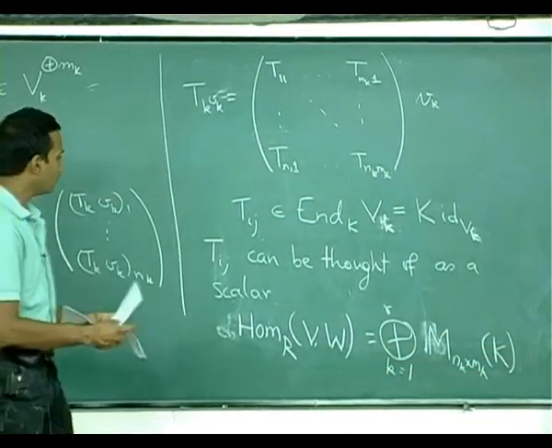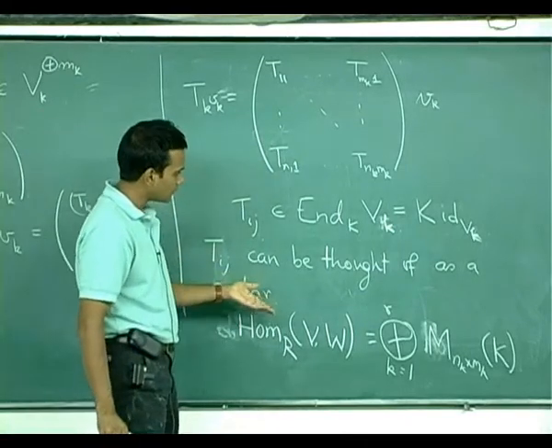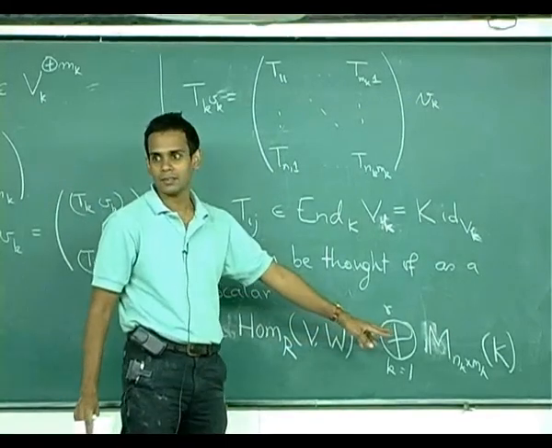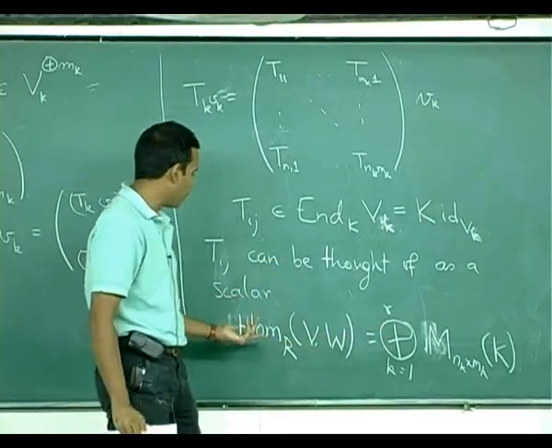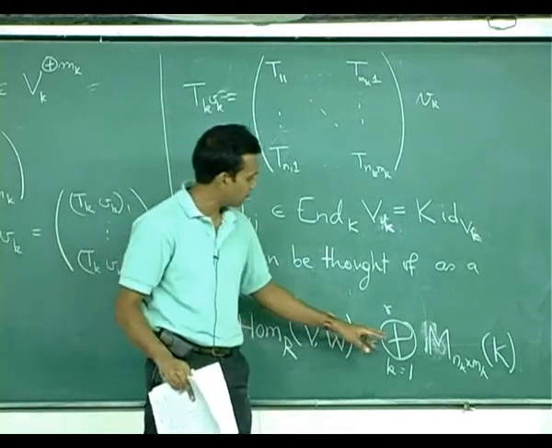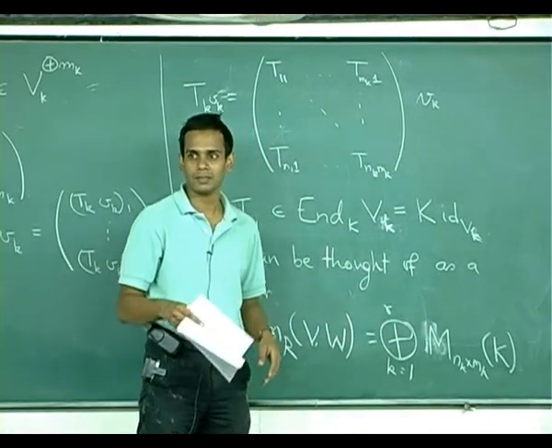So when you represent modules which are sums of simples, you can always think of the homomorphisms between them as matrices. And you should check that if you compose two such homomorphisms, it will correspond to blockwise, that is for each k you will be multiplying the corresponding matrices.